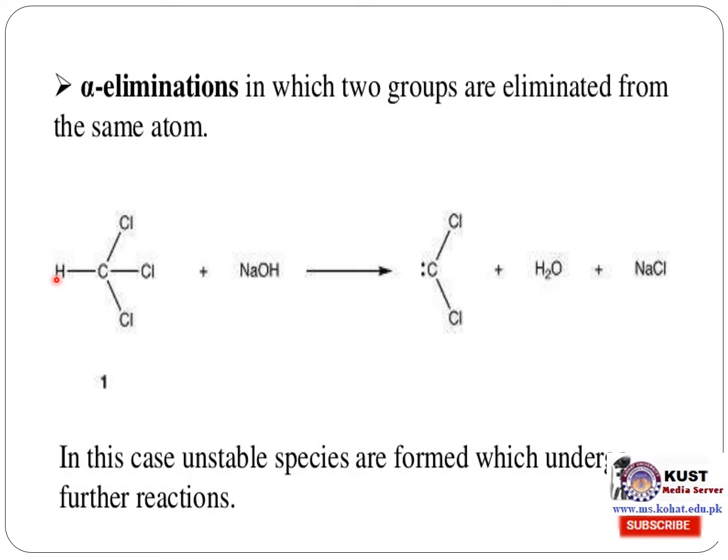The hydrogen and chlorine are removed from the same carbon, and at the end we get a carbene. This is the product. But this species, the carbene, is very reactive and hardly exists in independent conditions, so it will undergo further reactions.